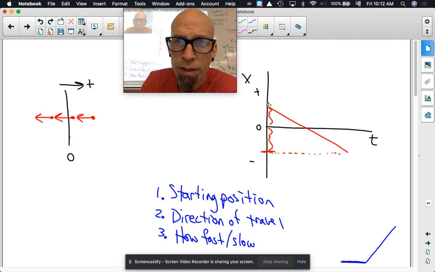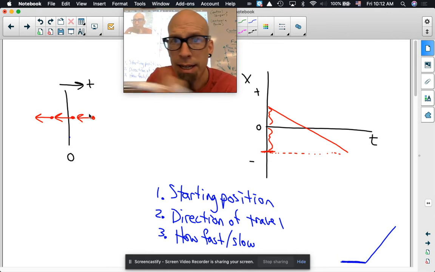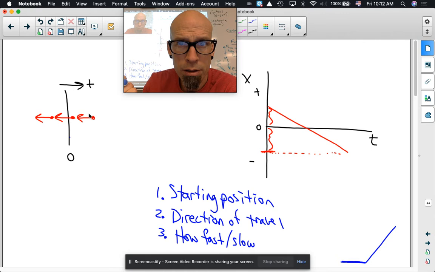So the object starts in a positive position, traveling in the negative direction with a constant velocity. Those would be words that describe motion.